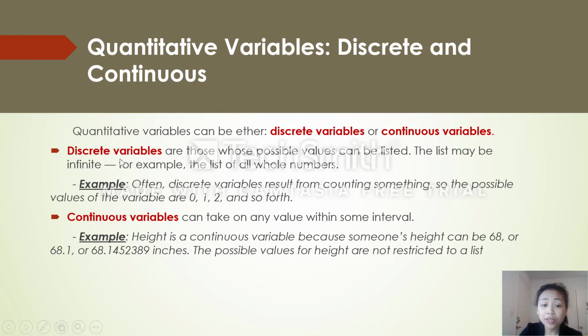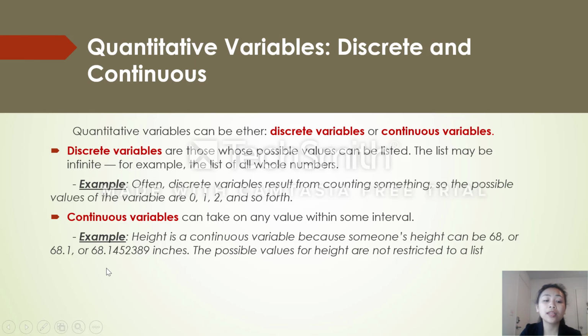For a discrete variable, the values can be listed because we have 0, 1, 2, 3. We don't have any value between 0 and 1. We don't have any value between 1 and 2. But for a continuous variable, between 68.1 and 68.2, we have infinitely many numbers.